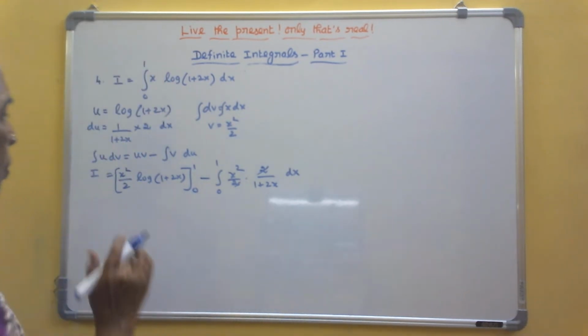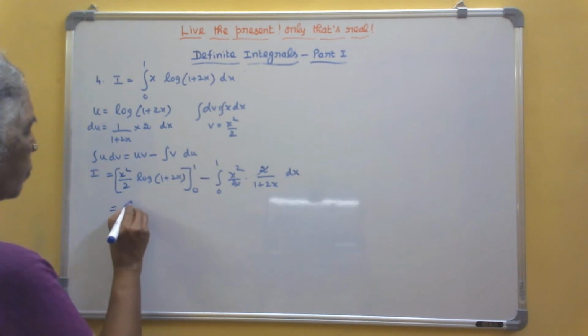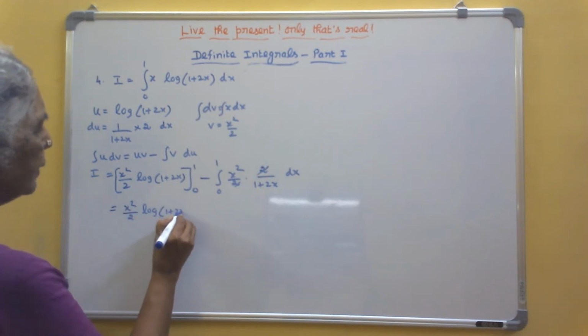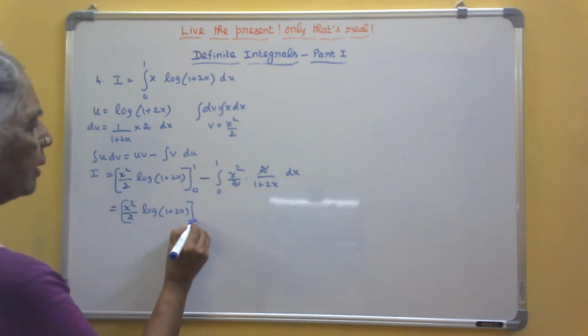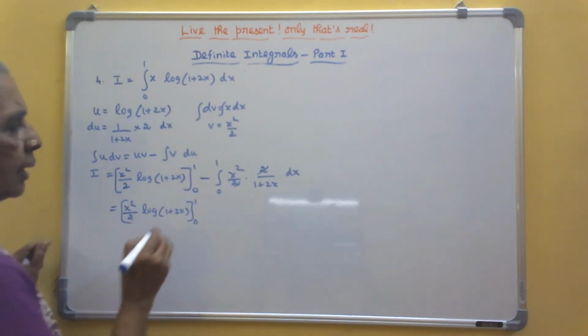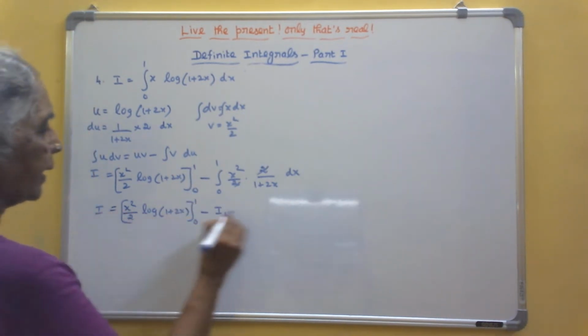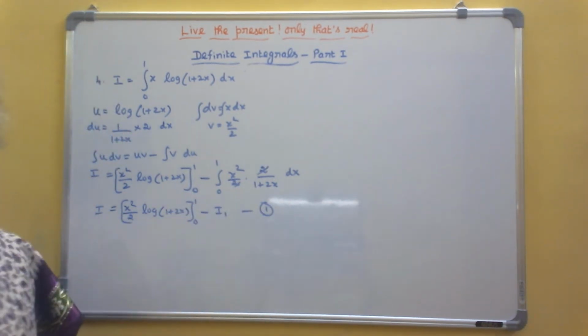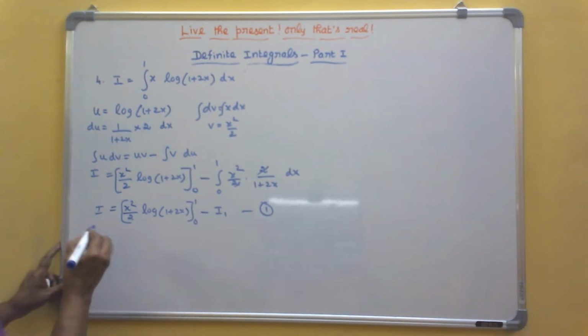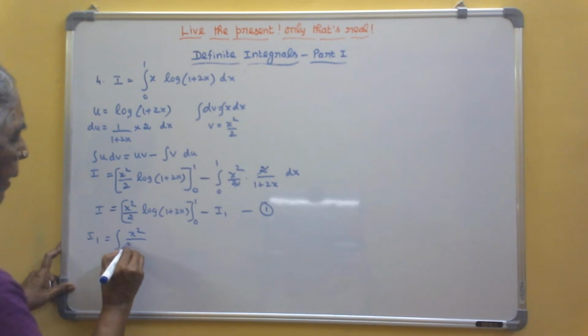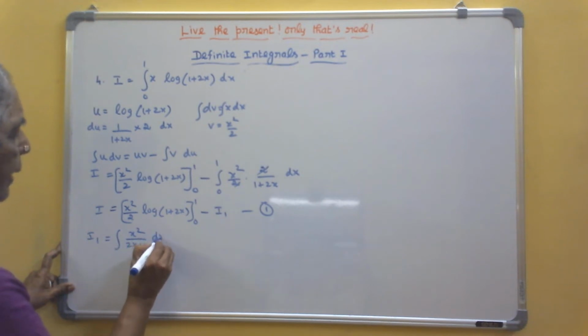Remember that. So now you are getting x squared by 2 log 1 plus 2x within the limit 0 to 1 minus, I will put this as I1 because I want to work it out. I will call this step 1. So now I1 will be integral x squared by 2x plus 1 dx.